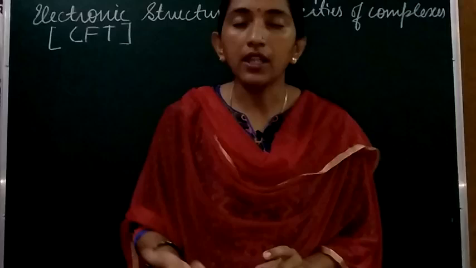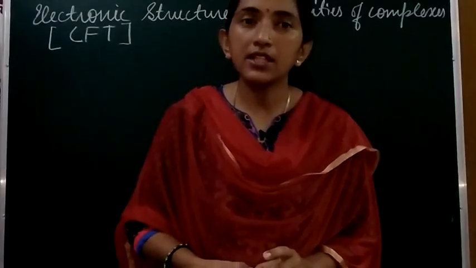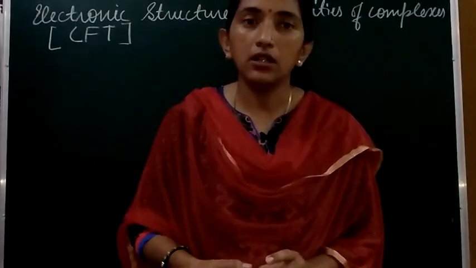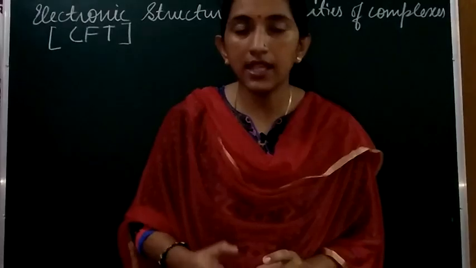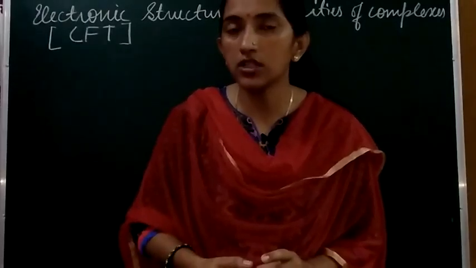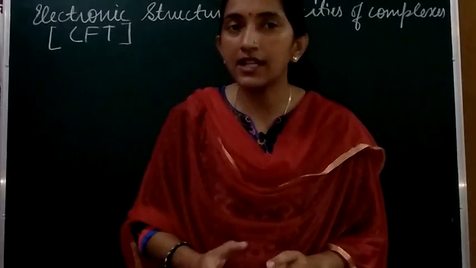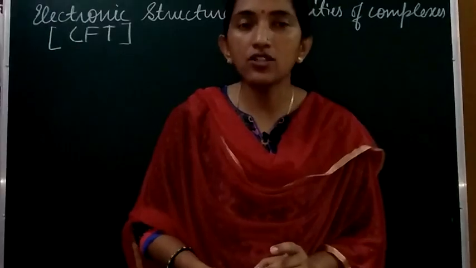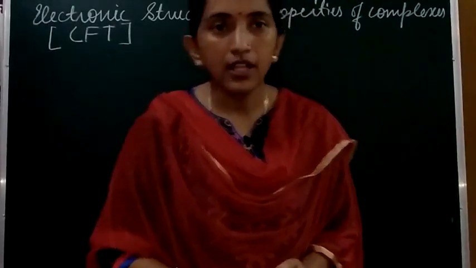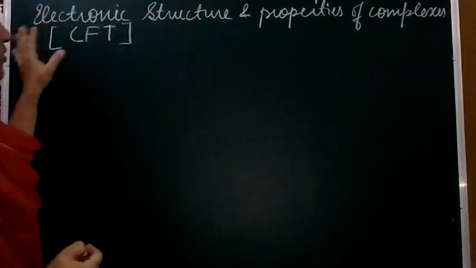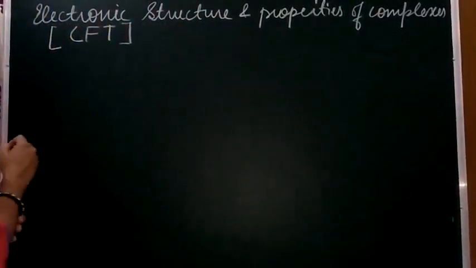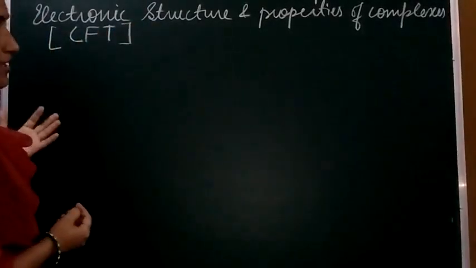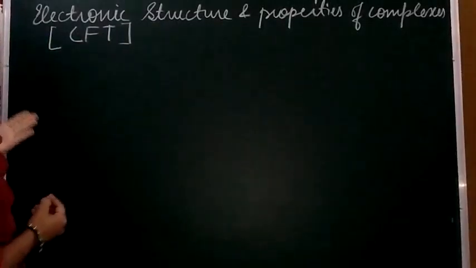Now the pairing here will be affected by the splitting of the d orbitals, that is, the extent of splitting, whether the splitting energy is small or large. So the electronic configuration, which is going to affect the property of the complex, will depend upon the crystal field splitting.